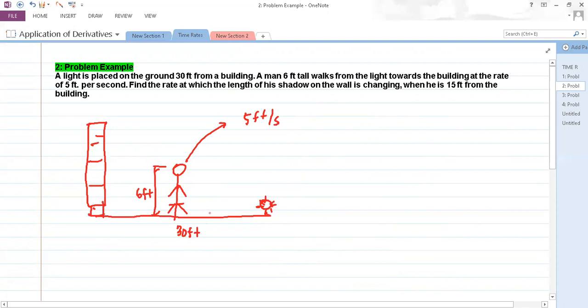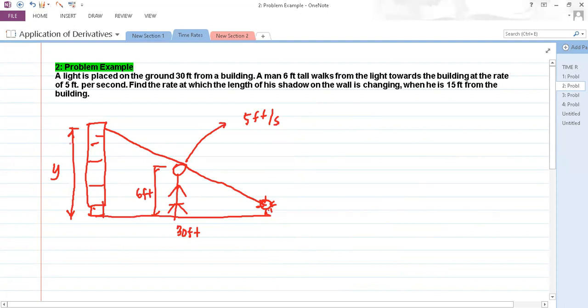Okay, so we have to find the rate at which the length of his shadow. So pagka naglagay kayo ng light dyan, meron tayong shadow, magre-reflect yung shadow ng ating man doon sa building. Okay, so find the rate at which the length of the shadow on the wall is changing. So if we have here y, we have to find dy with respect to time.